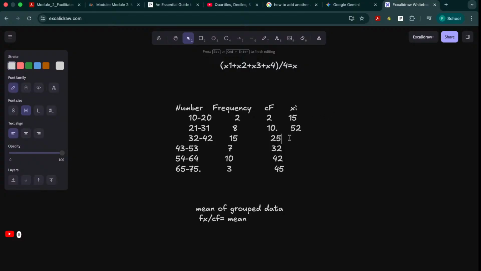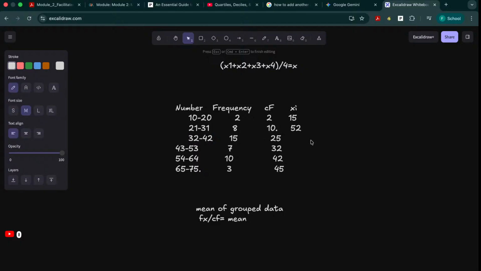We are adding the two numbers, then dividing by 2. So here we have 32 plus 42, which gives us 74. Then we divide by 2.